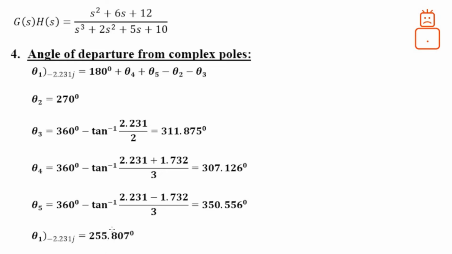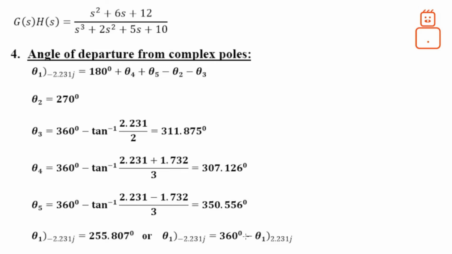You can reach this value easily using the angle θ1 from the pole plus 2.23j we computed previously by just subtracting 360 from that value, and you easily get this one. So what I've done here is just to prove that this formula gives the same value.